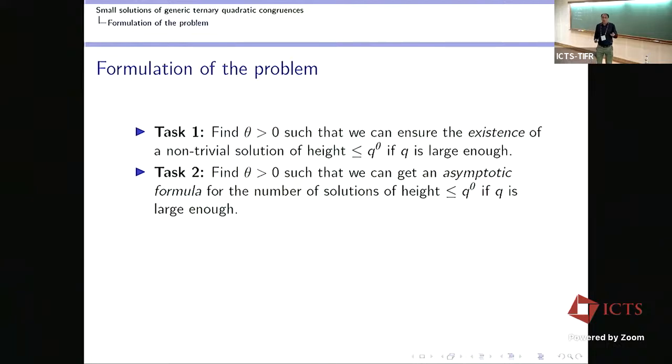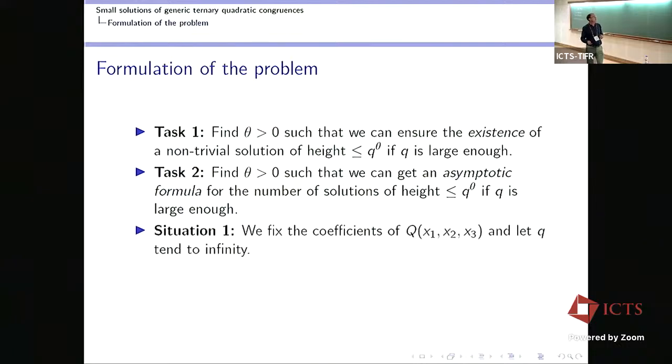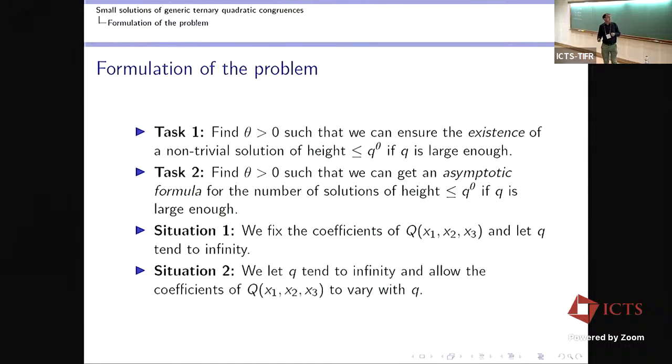More precisely, we are interested in an asymptotic formula for the number of solutions, which is a more difficult problem. And we consider two situations. One situation is when we fix the coefficients from the beginning and let q tend to infinity. The more interesting situation is when we allow also the coefficients of the quadratic form to vary with the modulus.